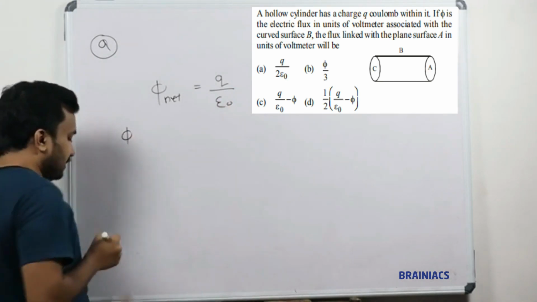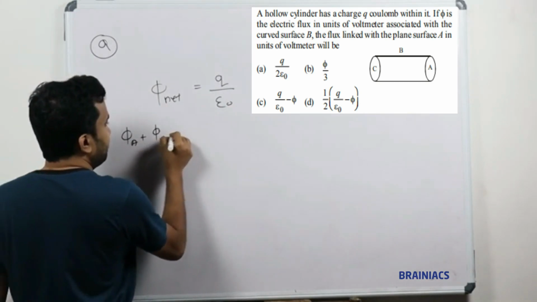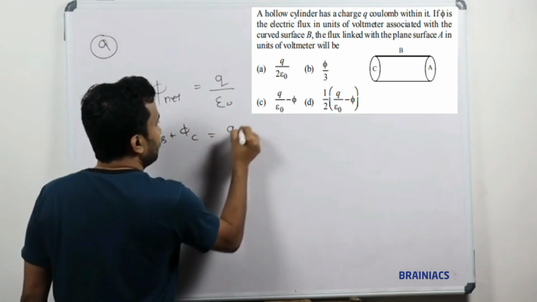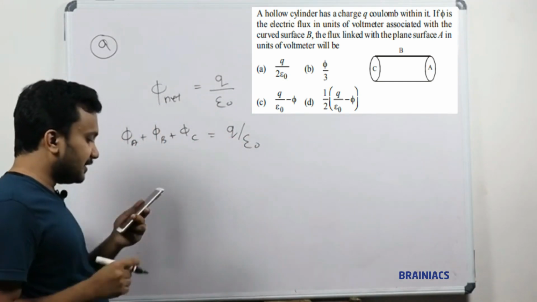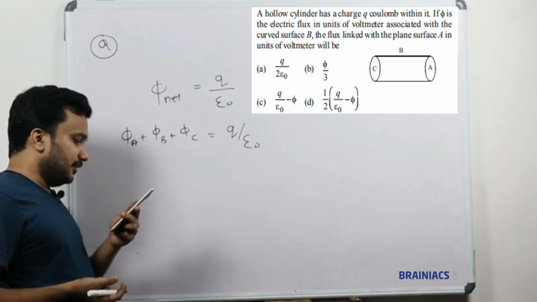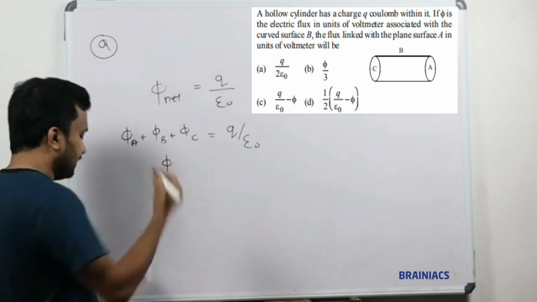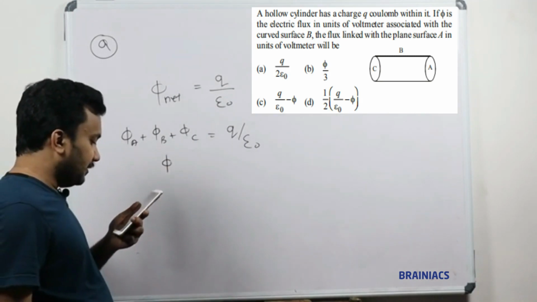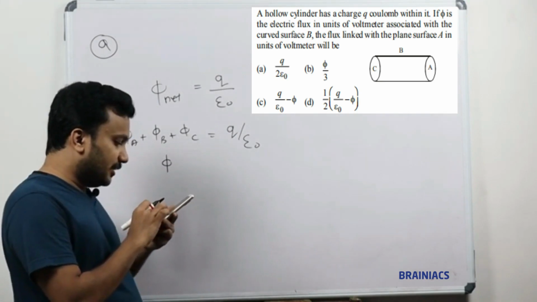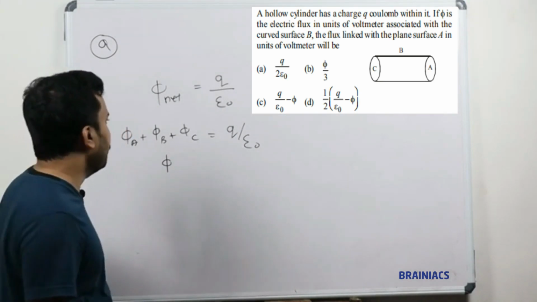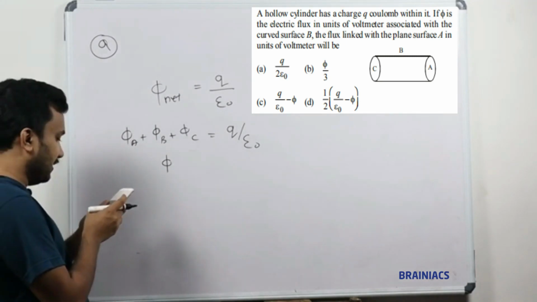Total flux means there are surfaces A, B, C. So flux through surface A plus surface B plus surface C, all together it is Q by epsilon 0. The flux associated with the curved surface B is given as phi. And we need to find out the flux linked with the plane surface A in units of volt-meter. Okay, this is what is given.